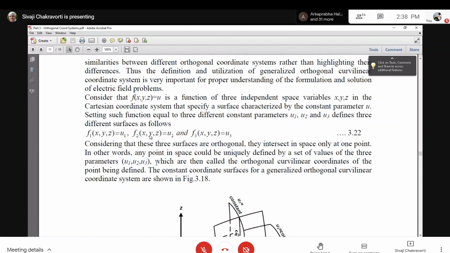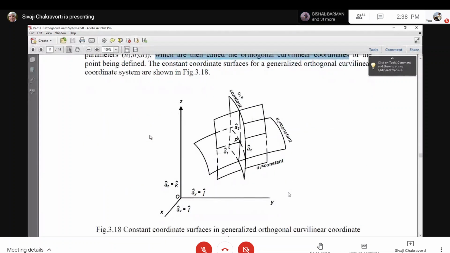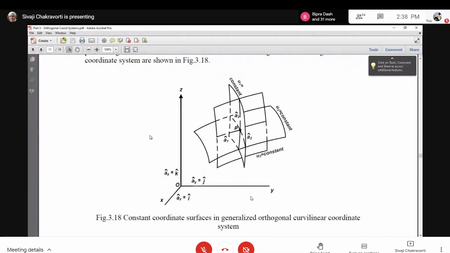Then this will be called the orthogonal curvilinear coordinates of a point. And how will it look like? It is something like this, where you can see x, y, and z. This is just typically Cartesian. But now I have three functions.